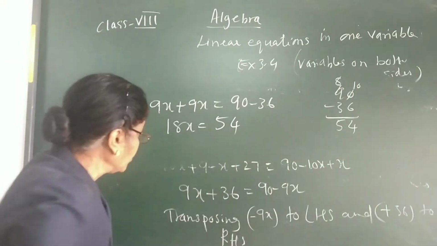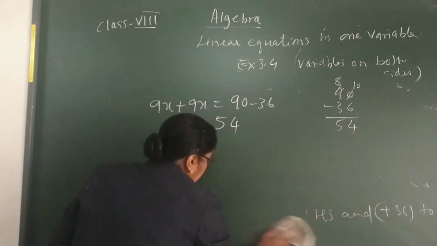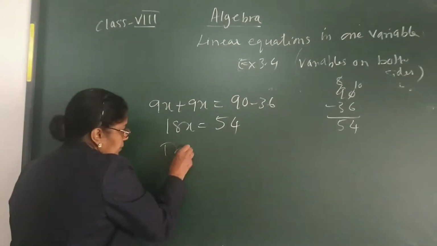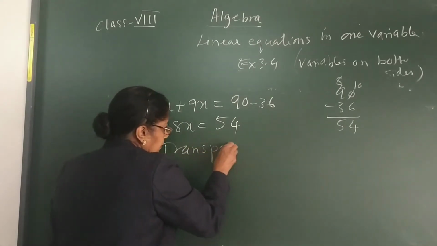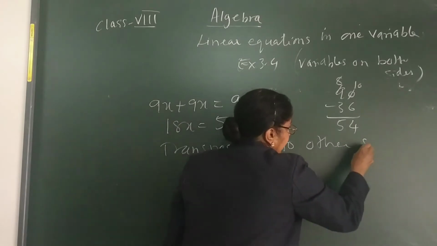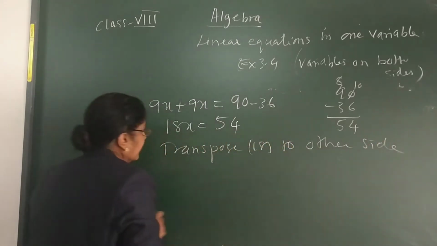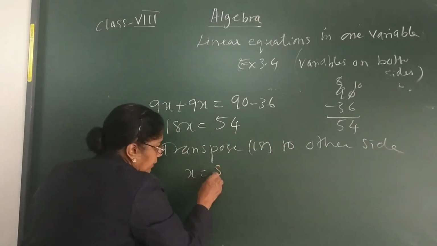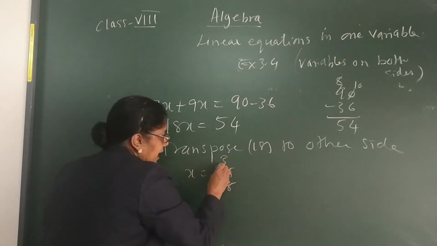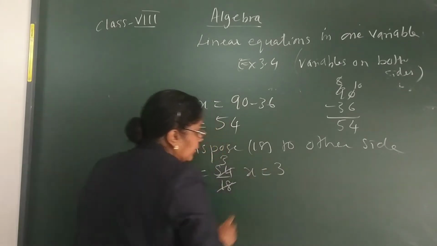Now what I have to do? I have to transpose. Transposing 18, so transpose 18 to the other side. So what shall we get? We will get x is equal to 54 by 18. 18 3s are 54. So x is equal to 3.